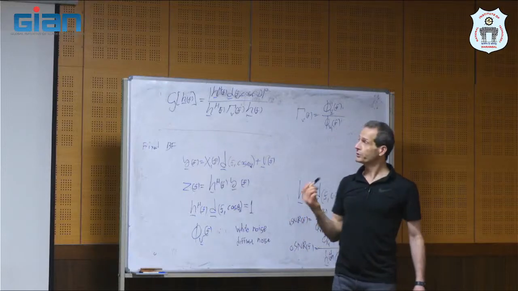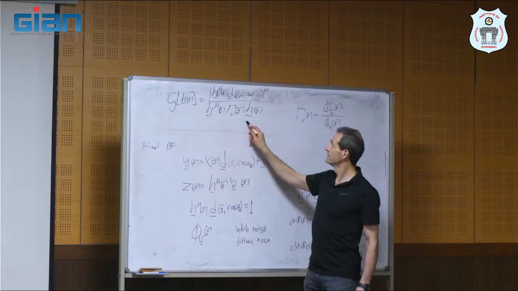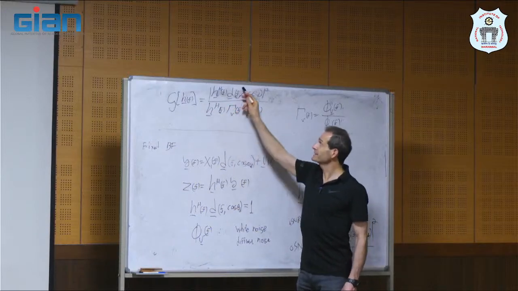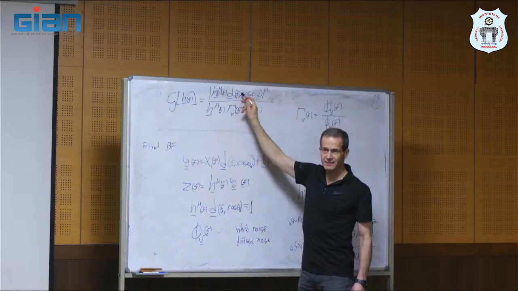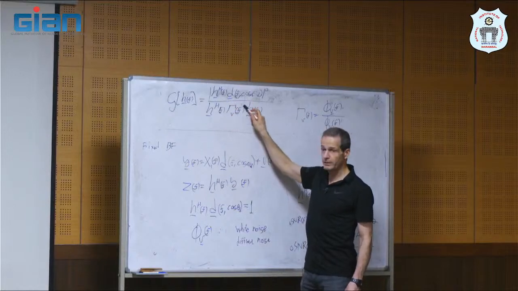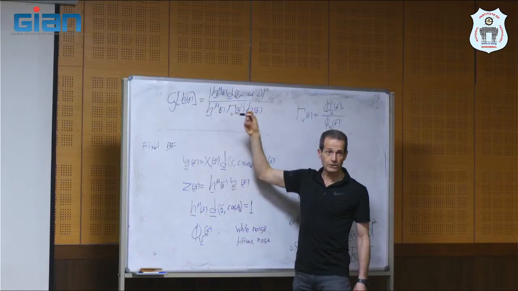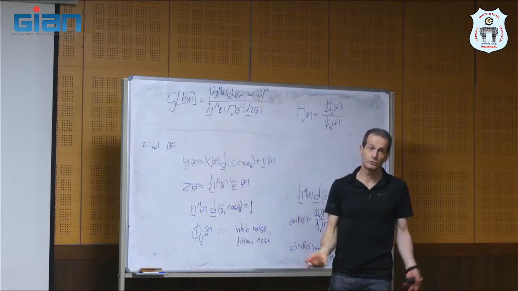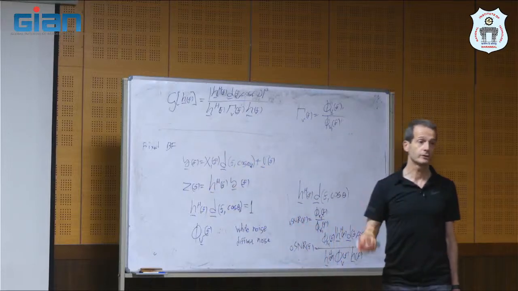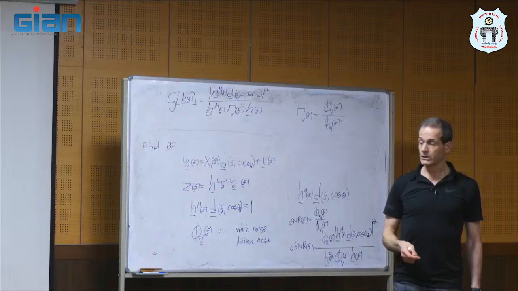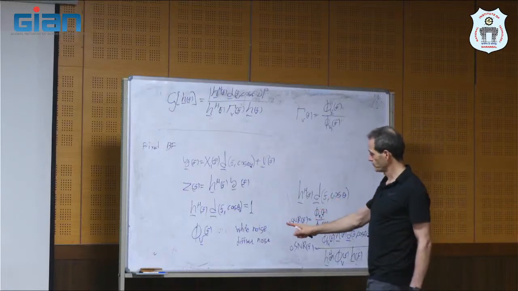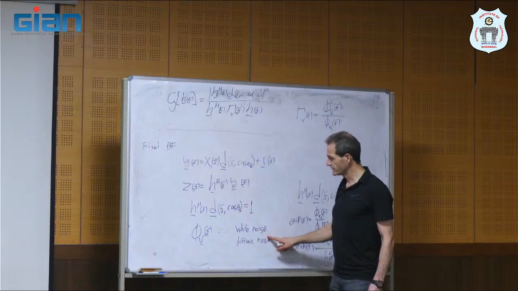Of course, in order to design a beamformer that maximizes the gain in SNR, we need to know the normalized correlation matrix of the noise. But we don't know the environment. We don't know the noise. So we have two options. We can assume that the noise is spatially white.